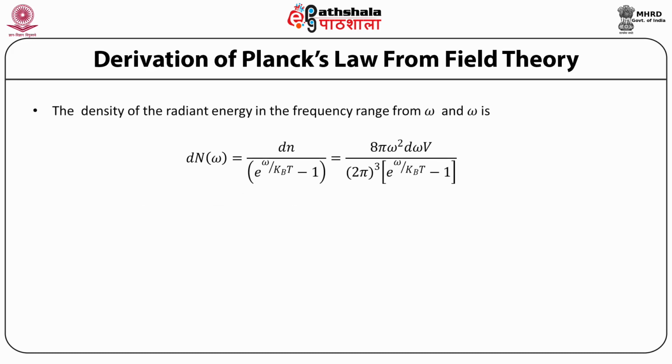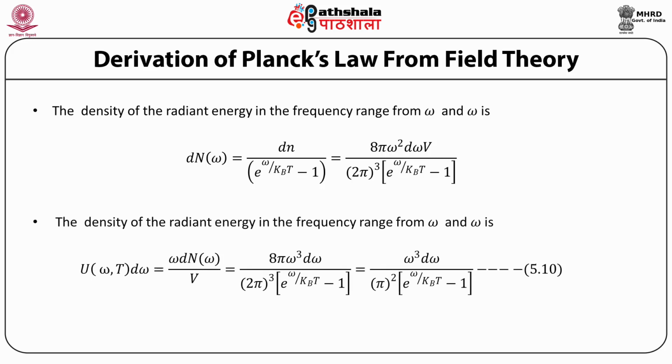The density of radiant energy in the frequency range from omega to omega plus d omega is dN of omega, which is equal to 8 pi omega squared d omega V into 2 pi cubed into exponential omega by kBT minus 1.